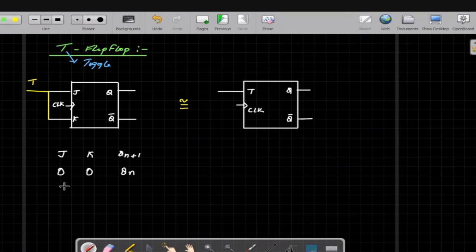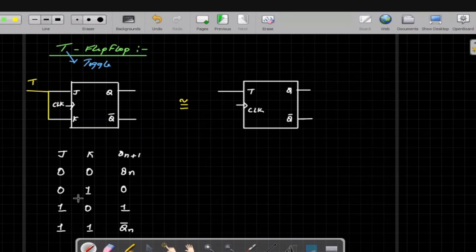If J is equal to 0, K is equal to 1, this corresponds to reset, so the next state will become 0. If J is equal to 1, K is equal to 0, this corresponds to set, so Qn plus 1 becomes 1. And if J is 1, K is 1, this corresponds to toggle, so Qn bar. Is it so or not? Yes, this is Qn bar.